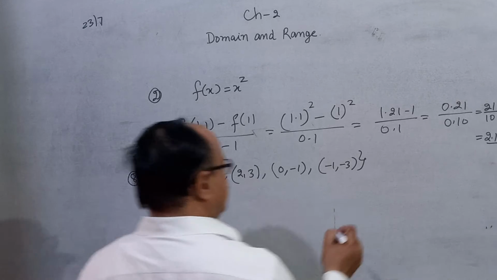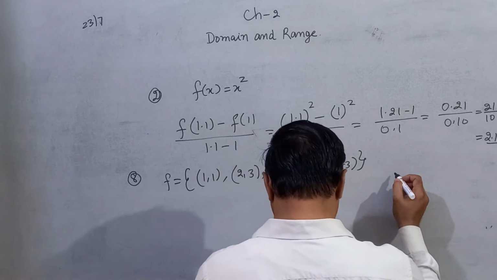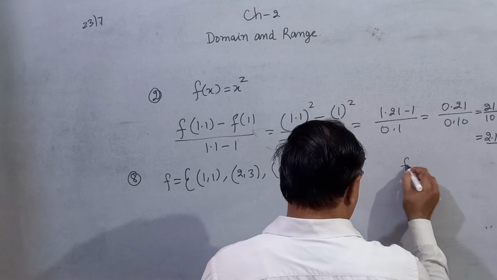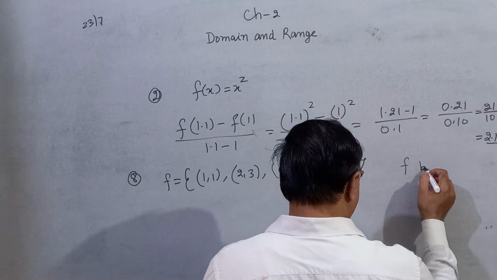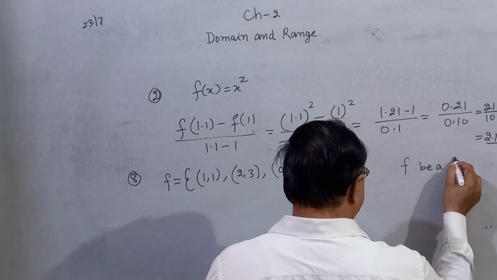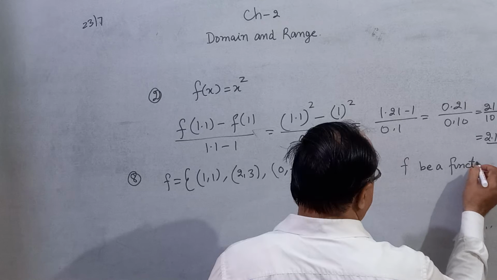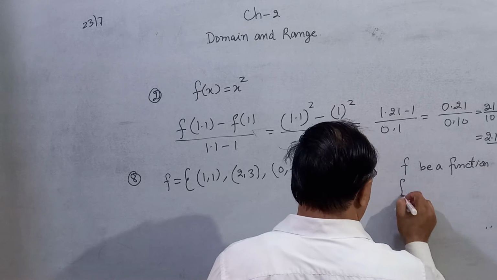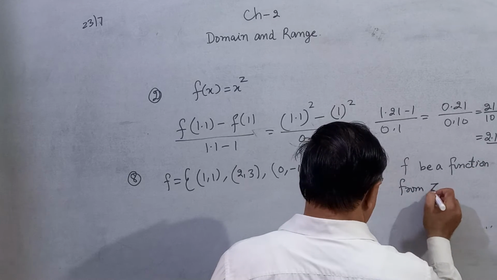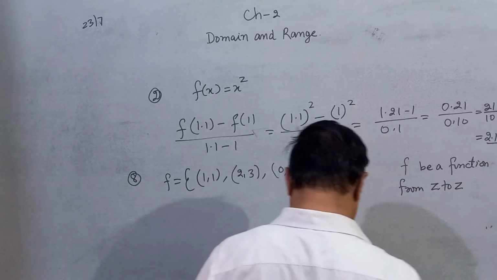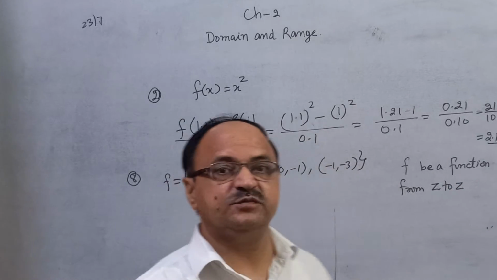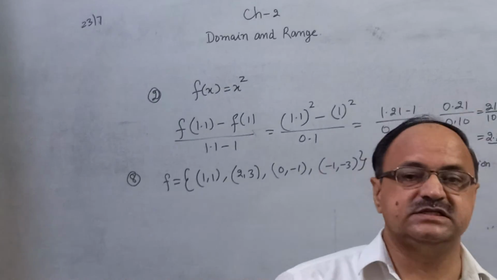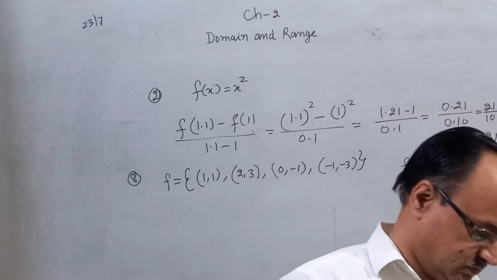Let f be a function from Z to Z. Z to Z means Z is the domain and Z is also the codomain.